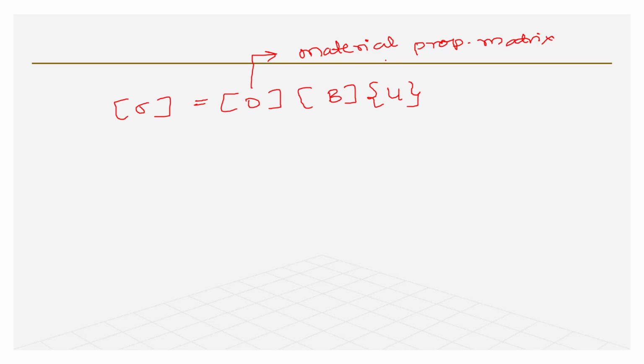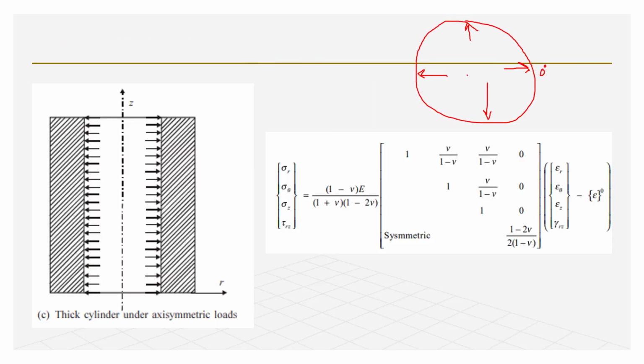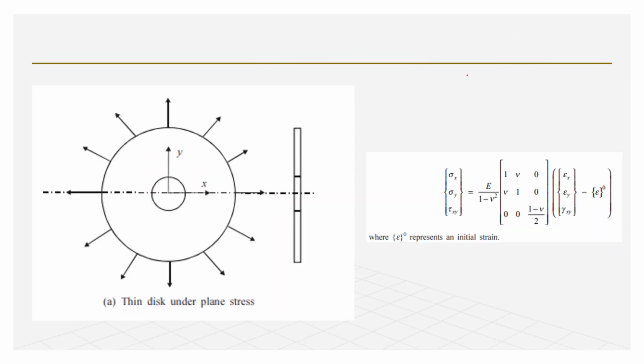It's based on which kind of theory we are using, which kind of 2D case we are using, either plane stress or plane strain or axisymmetry cases. So based on that, D matrix is determined. If you remember, this is the D matrix for our case.